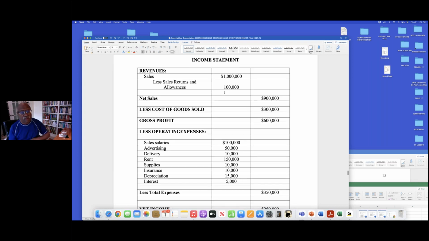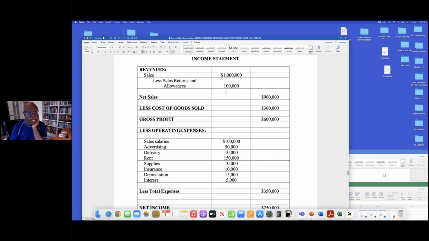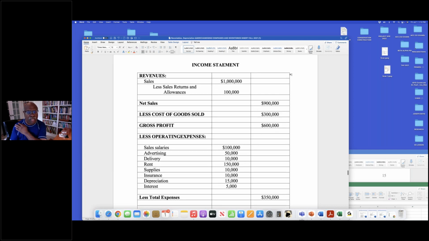So if we were closing out what we have here in closing entry one, we would debit sales for 1 million. We'd credit sales returns and allowances for 100,000, and we would credit income summary for 900,000. You see that, Jessica? Yes, sir. Okay.